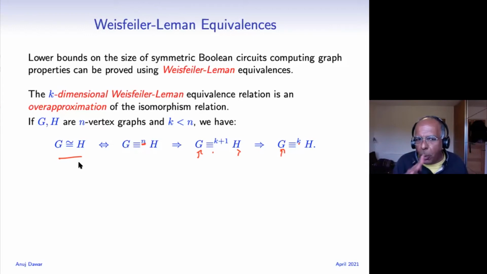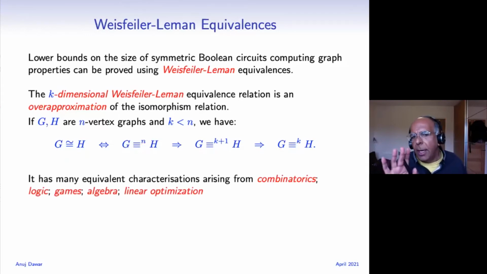I won't give you a full definition, but this has many different equivalent characterizations. It comes from combinatorics, from logic. There are characterizations in terms of games, which I will show you. There are algebraic characterizations in terms of coherent algebras. It's characterized by linear optimizations. It's a very natural family of equivalence relations which pops up in many places.